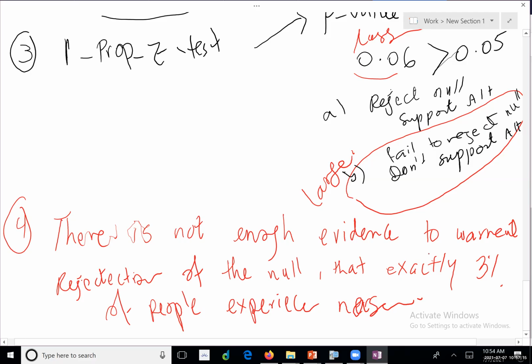Okay, so there is not enough evidence to warrant the rejection of the null that exactly 3% of people experience nausea. Any question? To use the warrant rejection of the null when you have the inequality.